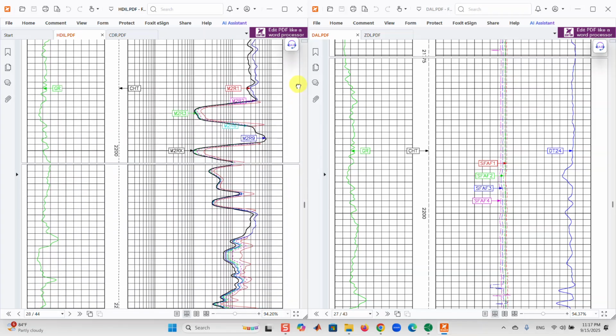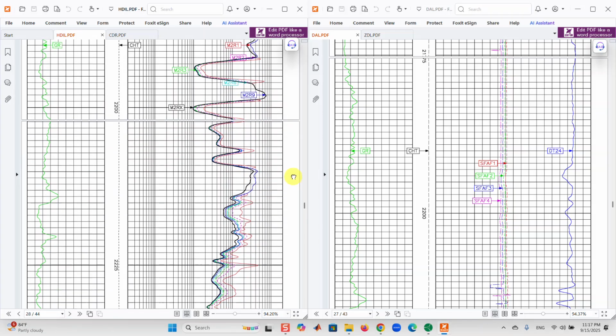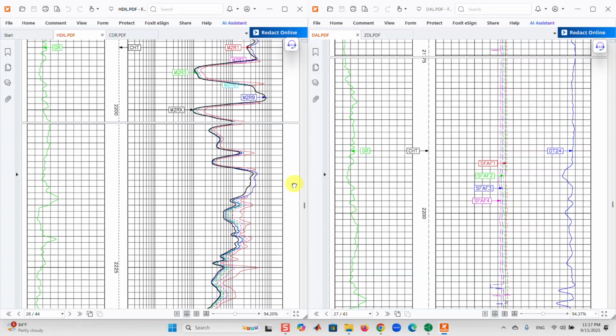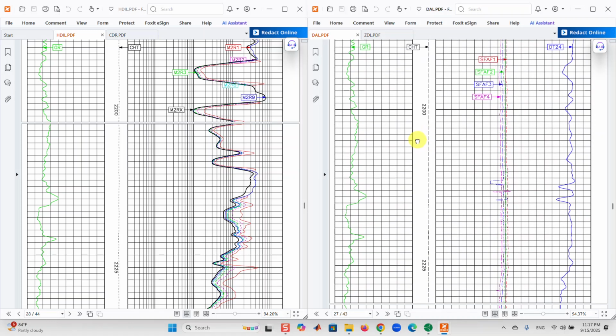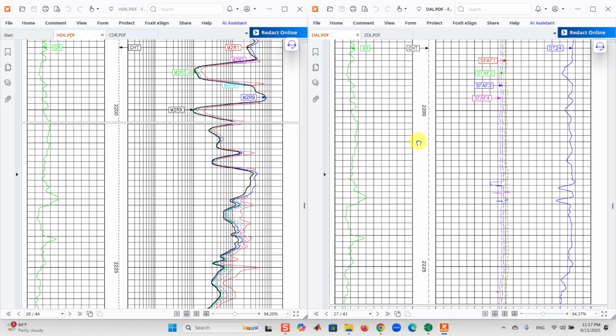Let's check these peaks of resistivity, at depths of 2200.